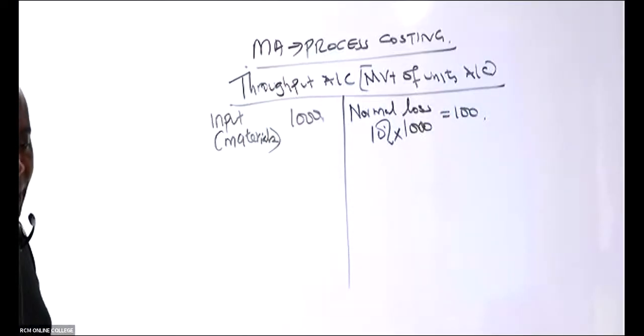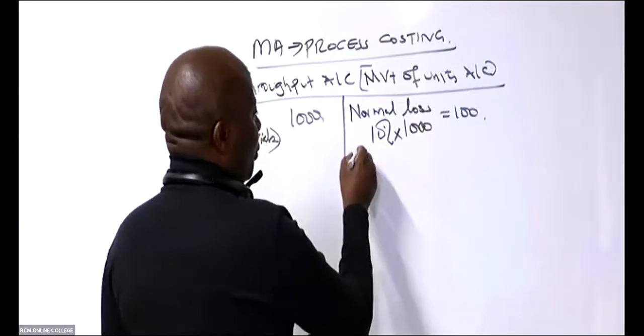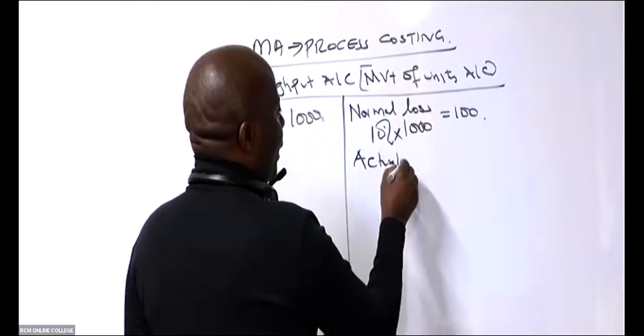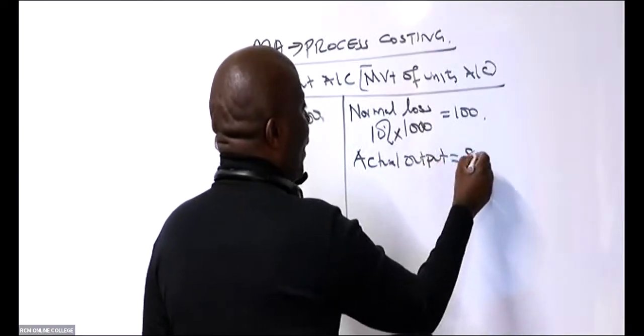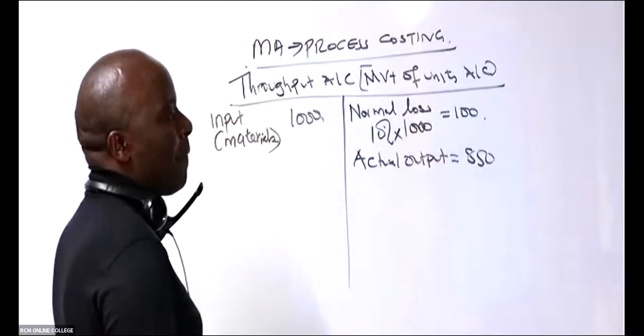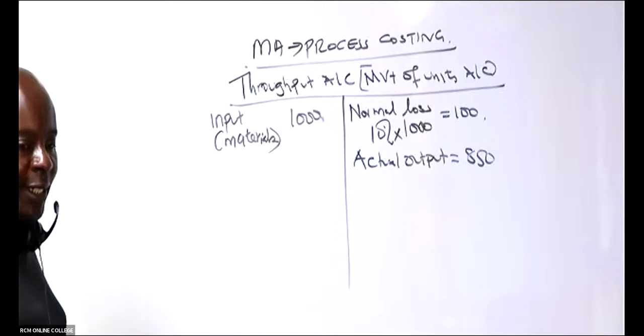And then, ladies and gentlemen, in the same question, they have given us the actual output, a figure of 850. So now I should be able to balance this account.